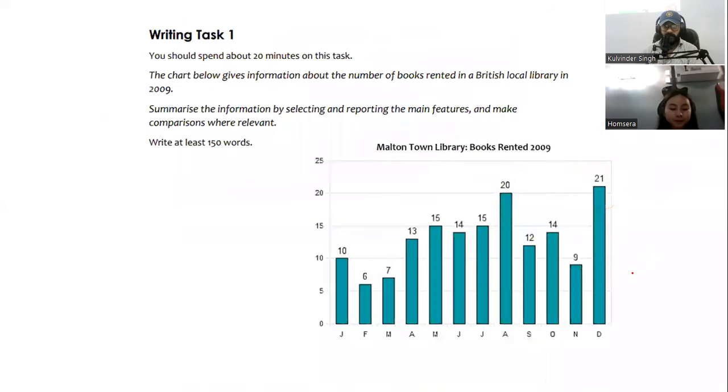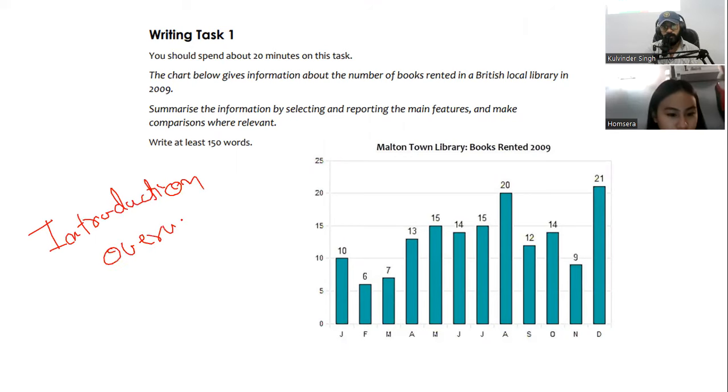I'm giving you homework as well. In this particular question, you need to write an introduction and an overview. That's your homework.